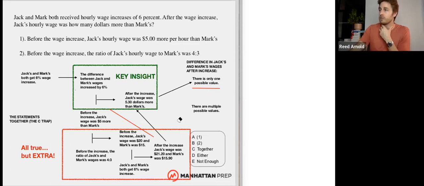You know more when you bring the two together. I know what their actual wages are or were. But I never needed to really know that. That's not what they asked. And just by taking this path, can I get to one possible value that they ask for? And so the answer to this question is A.